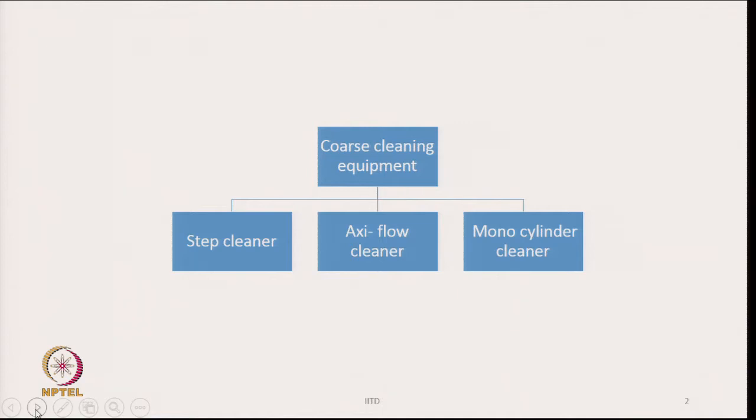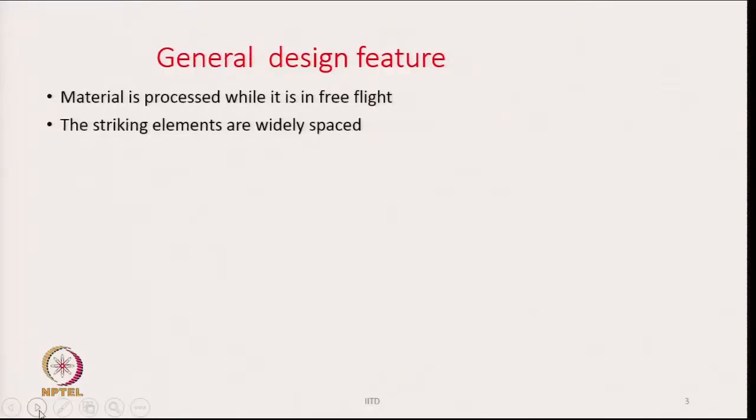They all come under the category of coarse cleaning equipment, and they are generally used right after the bail opening devices, either bail opener, bail breaker or automatic bail opening devices, whatever it is. So, these are the machines whose primary job is to clean.